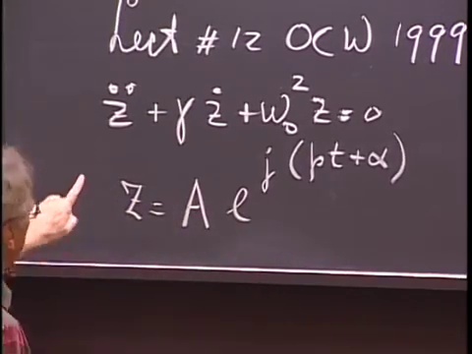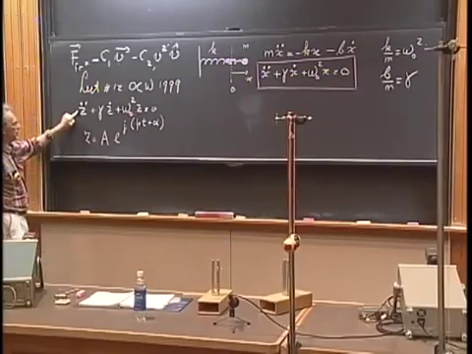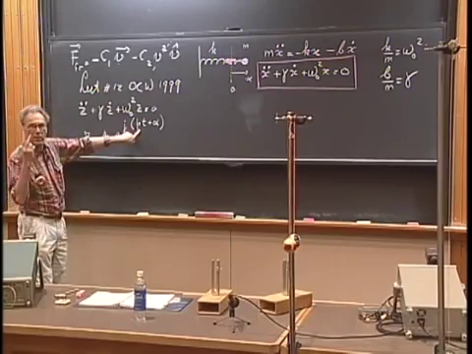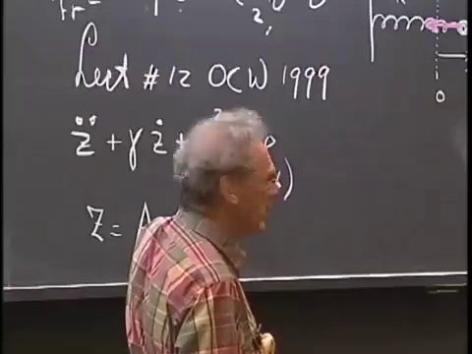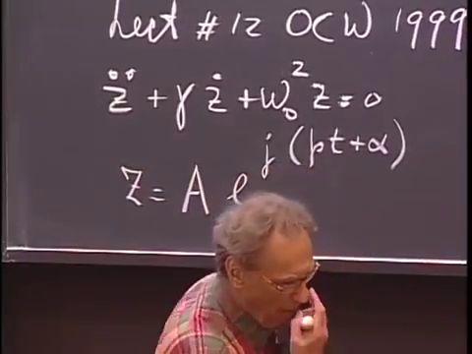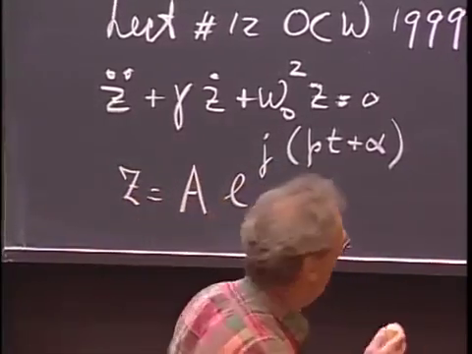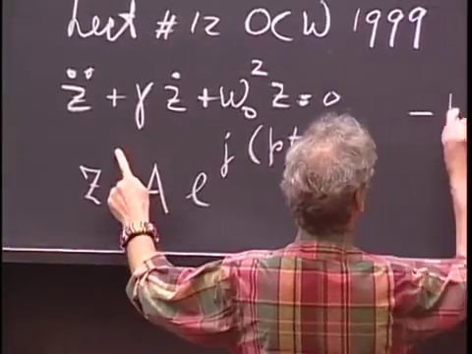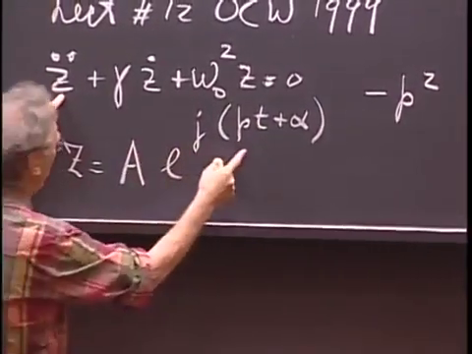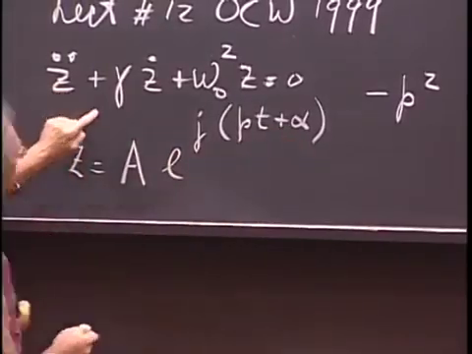I'm going to take the second derivative of this function. So jp comes out twice, so that is j squared times p squared, and so I see now minus p squared. That is the second derivative, and the z comes later.